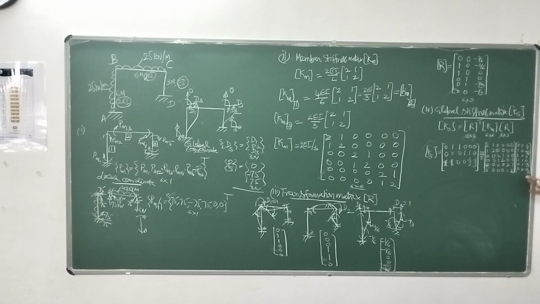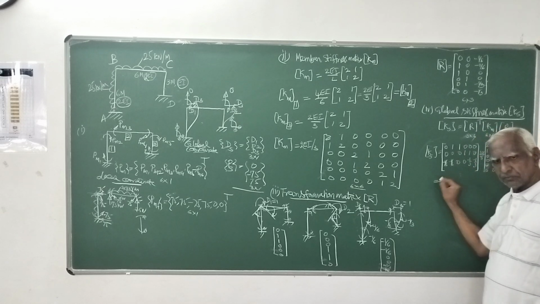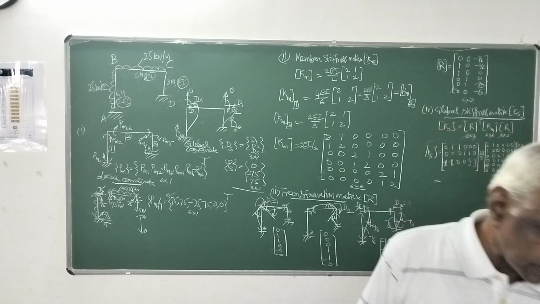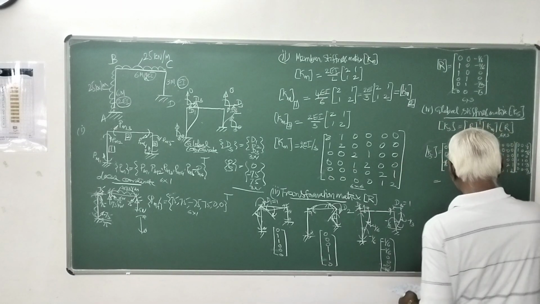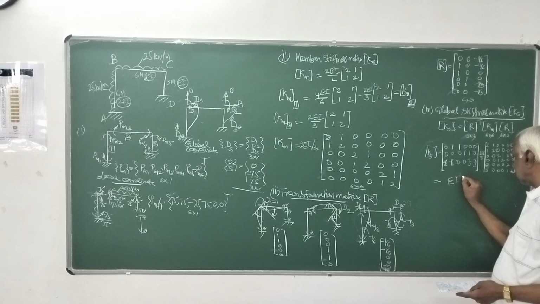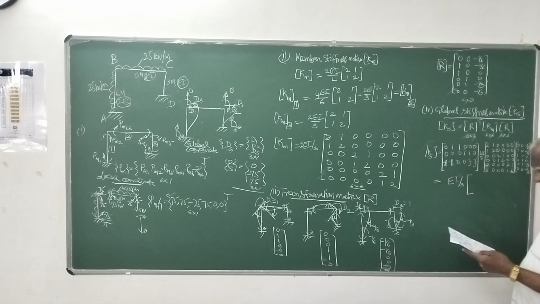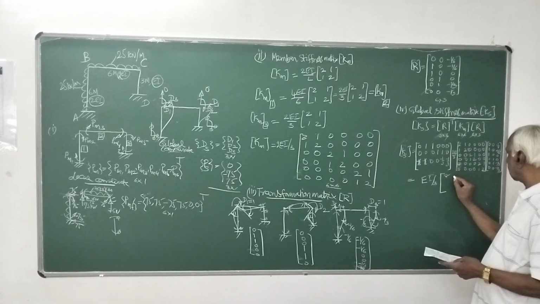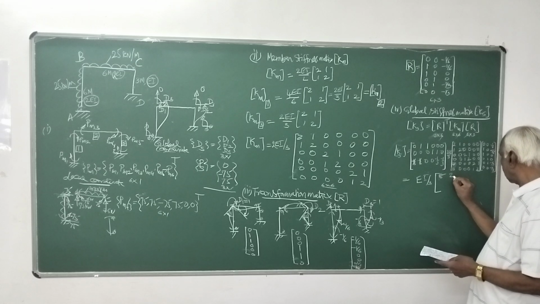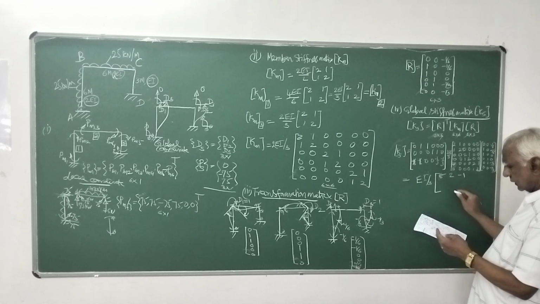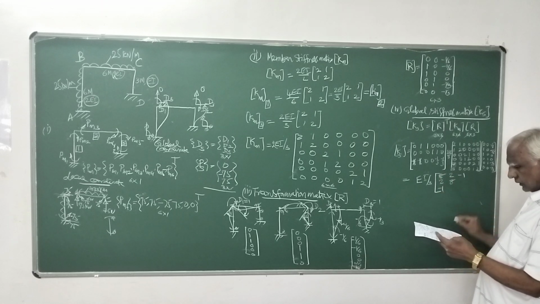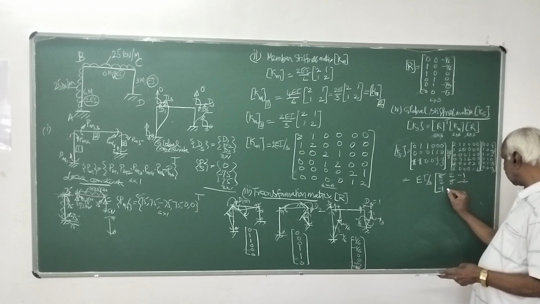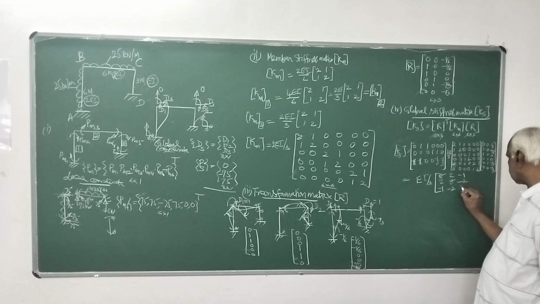So these are the 3 matrices, RT, Km, R. If you finish this multiplication, Ks will finally be EI by 3 into 8, 2, minus 1, then 2, minus 1, 8, minus 2, minus 2, then 5 by 3.